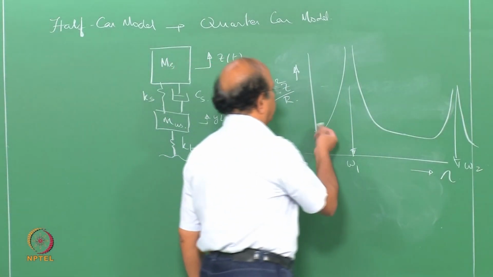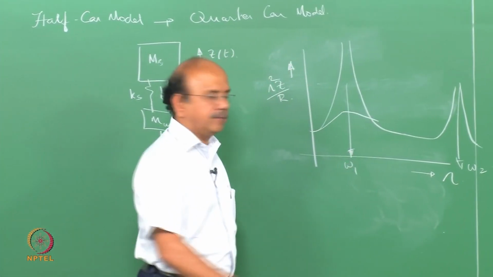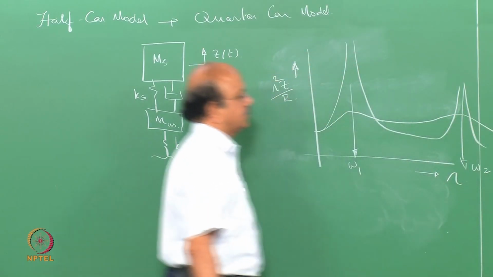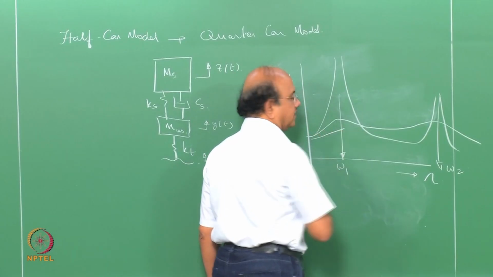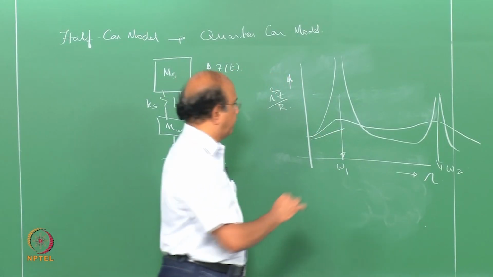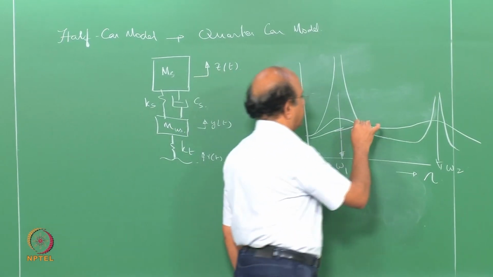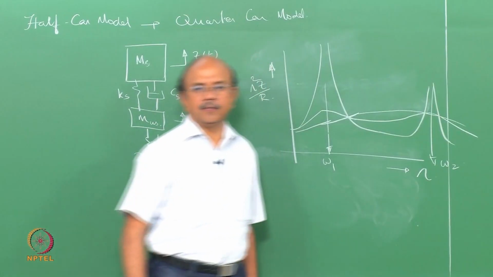So for example, at one level, it will come down like that, and it will be like this. When I now increase damping, it may come out like this, and then pass through the same point. It may increase, pass through the same point, and it can be like that.